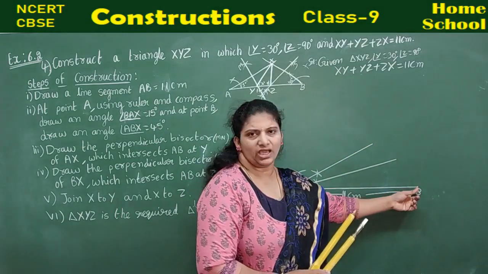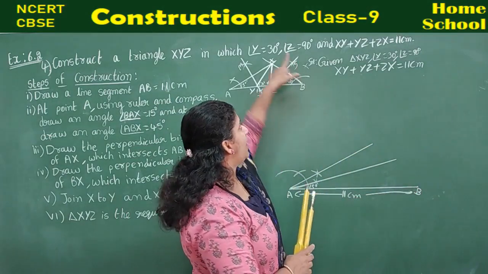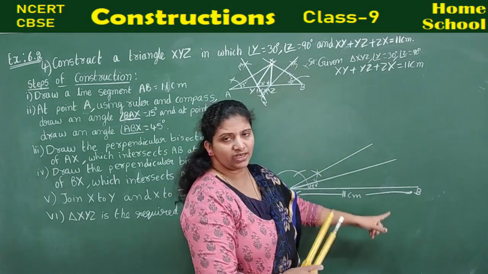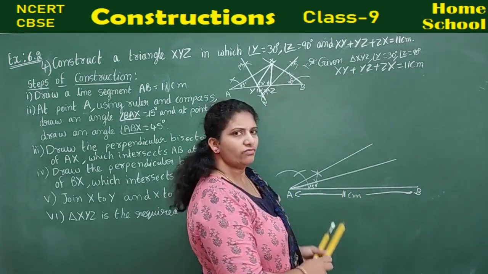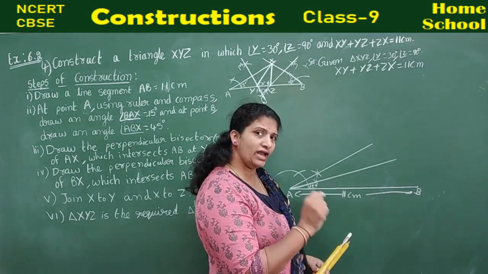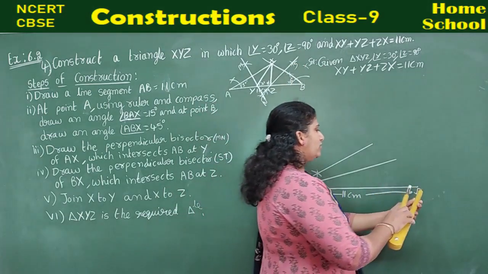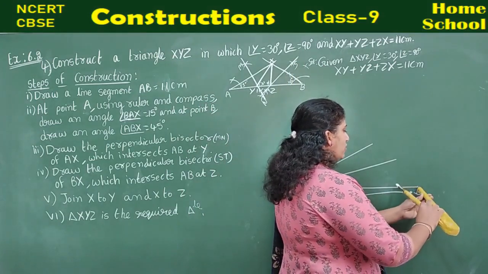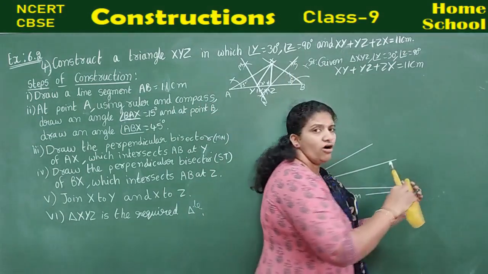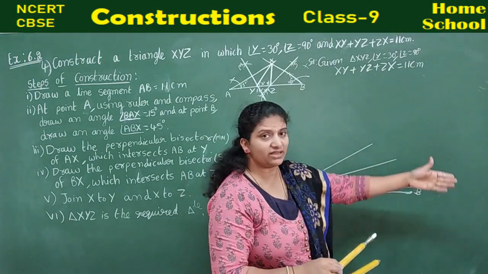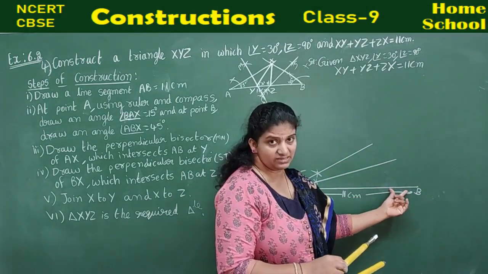Now from B, how much angle do you need to draw? 90 is given for Z, so I need to draw 45 degrees. 45 means first we need to do a 90 degree angle. Look here carefully. With a convenient radius, always our angle we have done from that side, but here the base is this side.